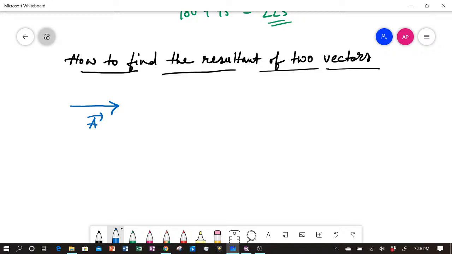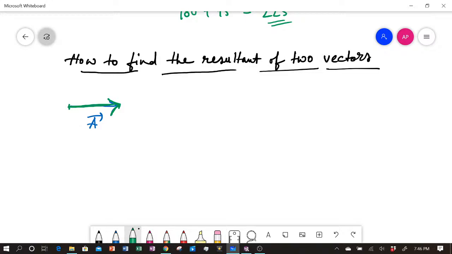By the length of the vector, the length of this arrow, right? That means the length represents the magnitude of the vector, and the direction of the arrow represents the direction of the vector.